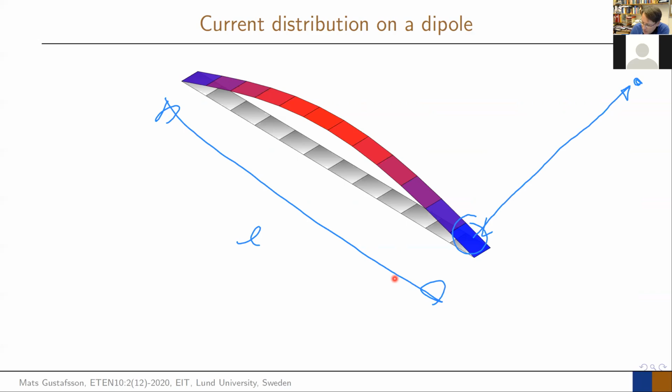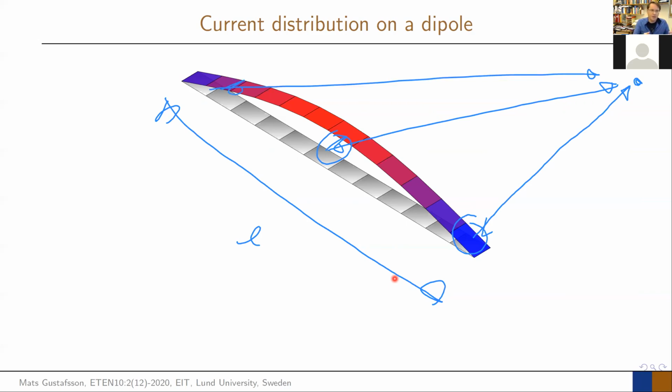The current from up here contributes with a distance from there to there, and the currents from there contribute with the distance that current has. And in the far field, the only thing that's important is really the distance from the current to the observer point. That is what we're going to use to determine the radiated field from this structure.